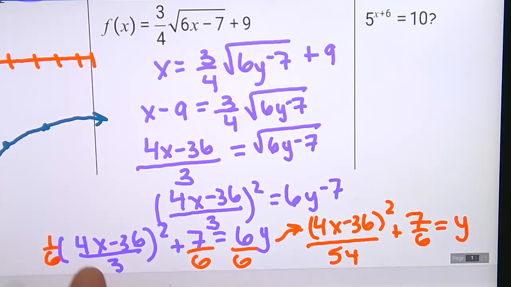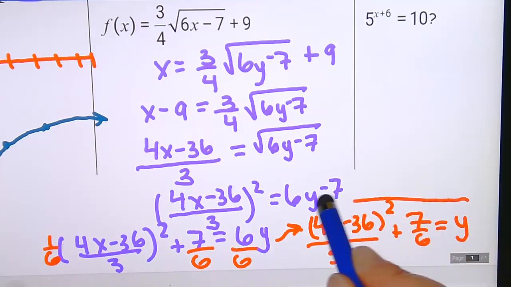You don't have to necessarily do that. I was just trying to condense this a little bit. So again, my 4x minus 36 over 3, both the top and bottom are being squared. I just thought of this 3 squared, which is a 9, times my 6, so I got that all together. And then my 7 divided by 6.